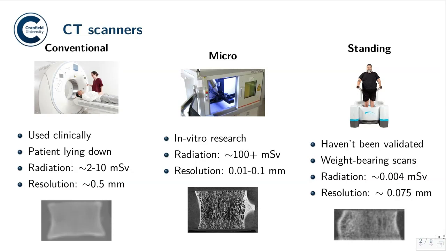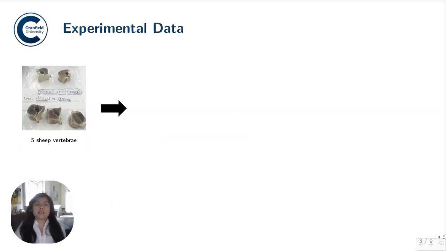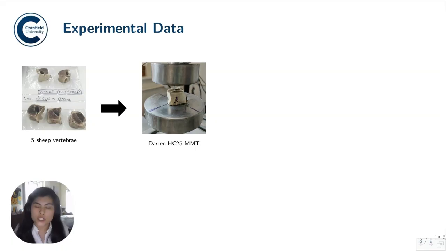But the problem of these scanners is that they haven't been properly validated for the simulation part, so we're here to do this. So we use basically 5 sheep vertebrae to do this validation and we put them in a compression test. So we acquired some data from the compression test.